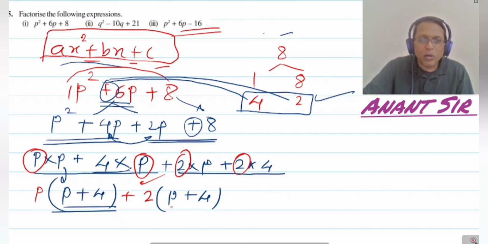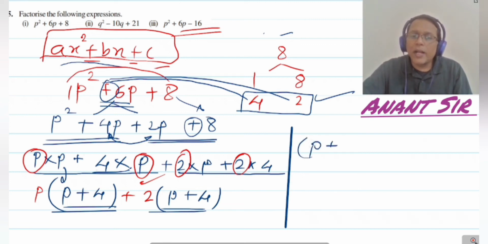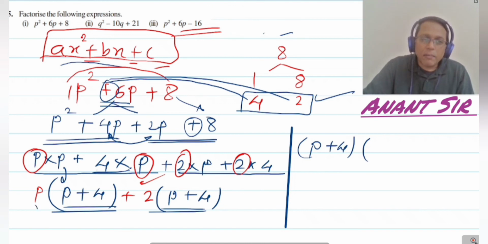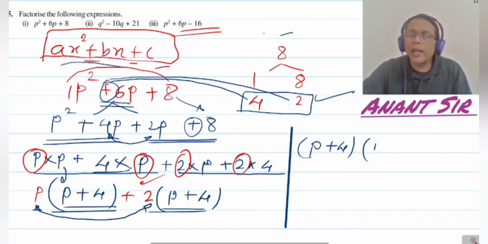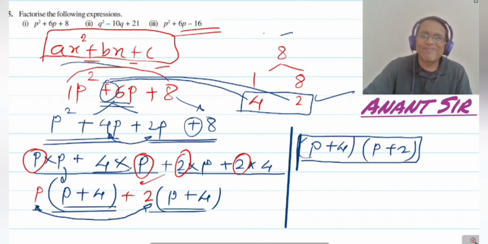Now, have we got the 2 brackets the same? Yes. So this is going to be our answer. The 2 brackets which are the same, we write them once, and in the second bracket we write the terms which were outside the bracket, p plus 2. So this is our answer, friends. Final answer for the question. I hope you are getting the question.